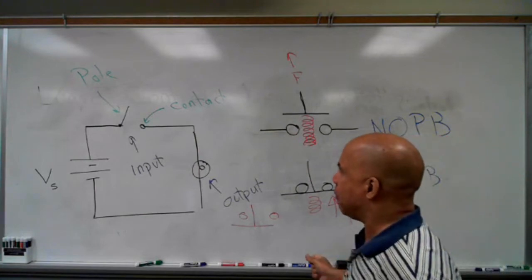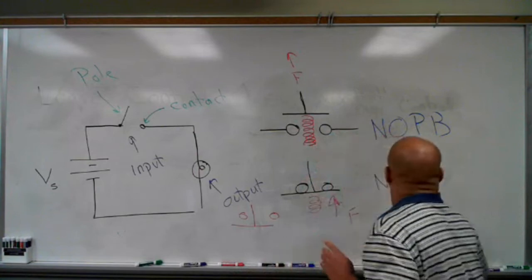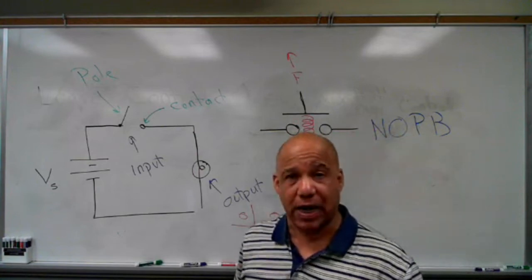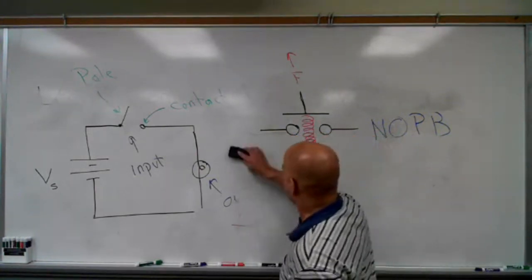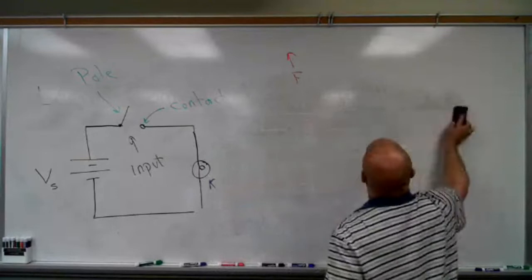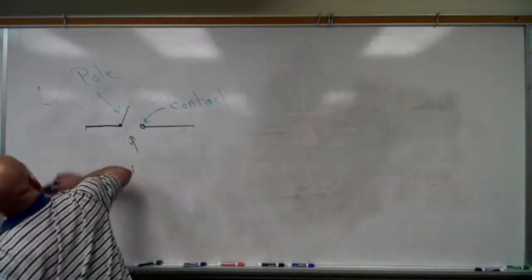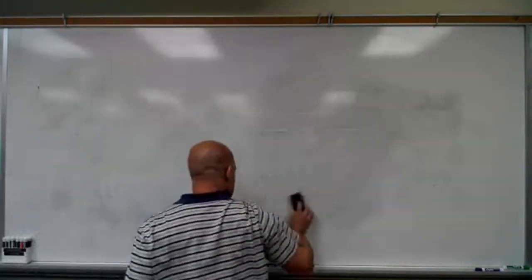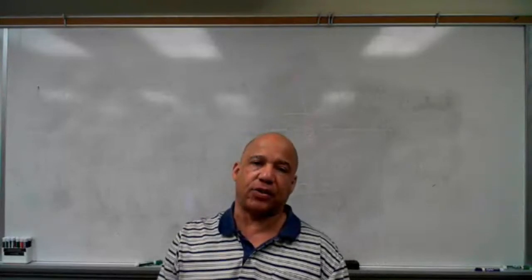Okay. Well, let's get into the logic part of it. What do we mean by logic? Now, when I say logic, I mean electrical logic. And how can we use logic to control something? So let's talk about that. It turns out that there are three basic logic functions.